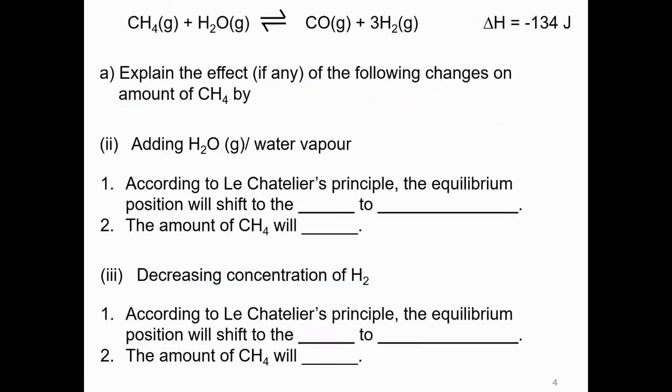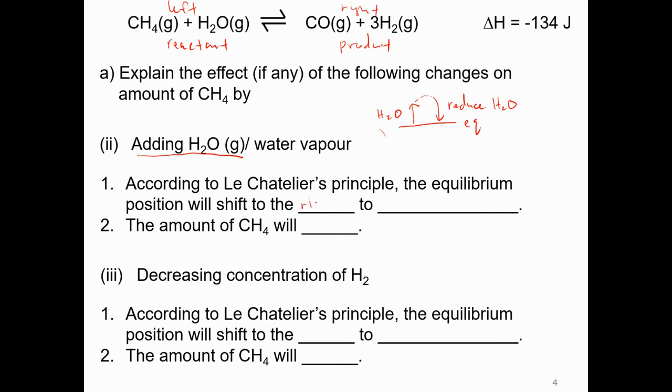Next, we go to adding H2O, gas or water vapor. Let's classify first. H2O is on the reactant side. H2O has increased, so to get back to equilibrium, we need to reduce H2O. Which side has no H2O, left or right? It is on the right.